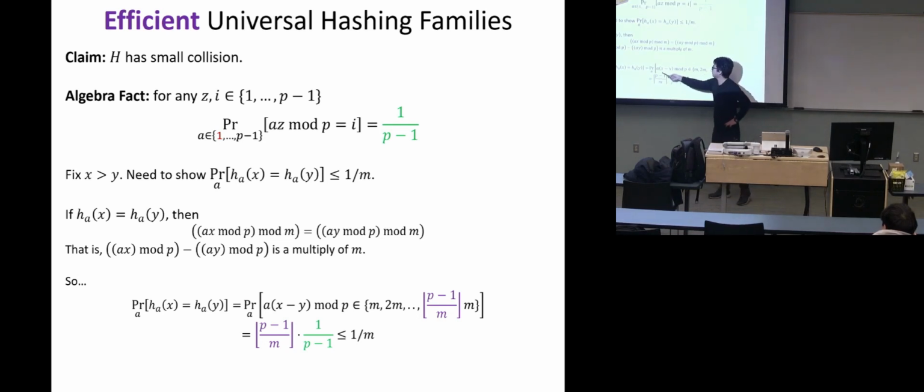But each of these equals one particular element in this set with probability 1 over p minus 1, by the fact above. There are only this many elements in the set, so by union bound, you multiply it, and that's at most 1 over m. Just some math.